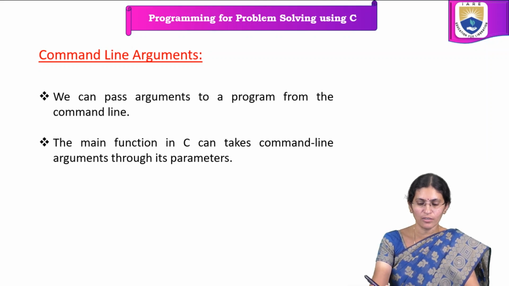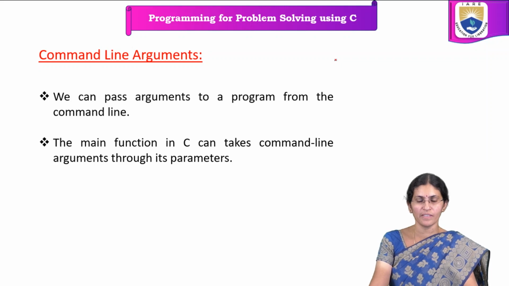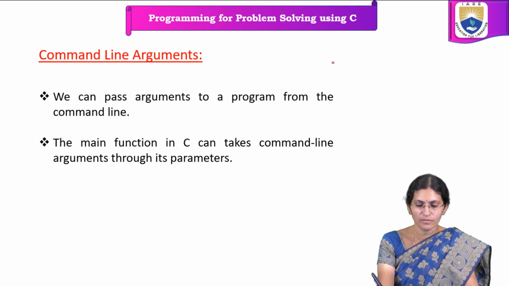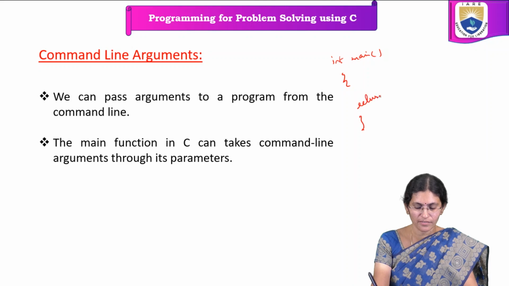Till now we have seen the general structure of a C program. You can go through my video lecture on the basic structure of a C program. This is the structure: int main, and at the end we write return 0.